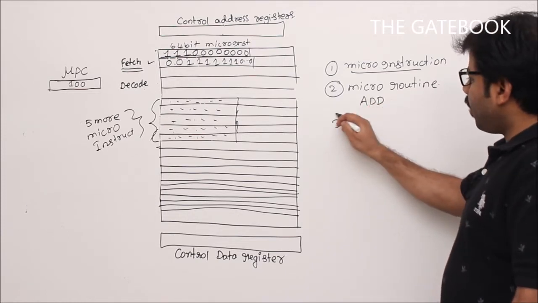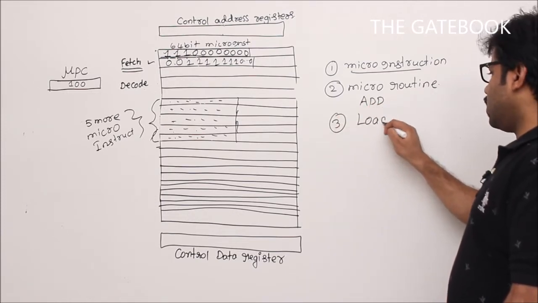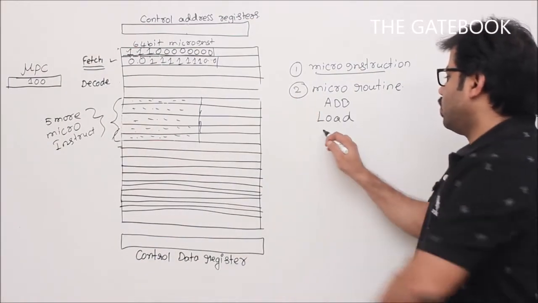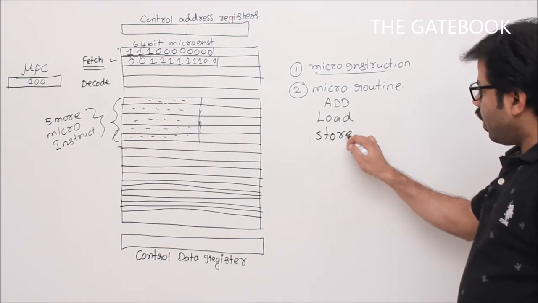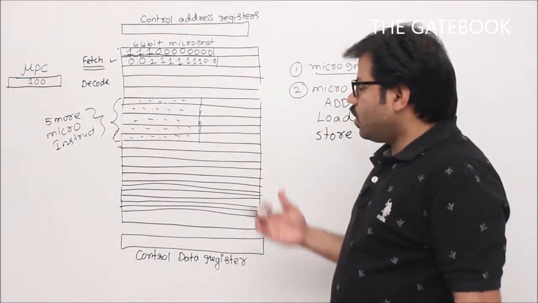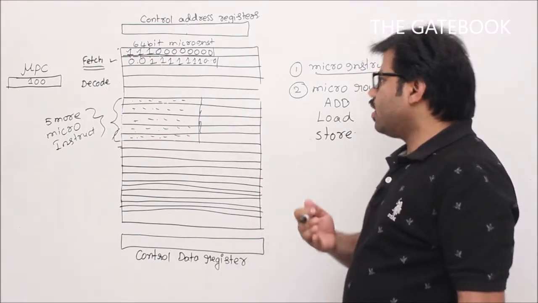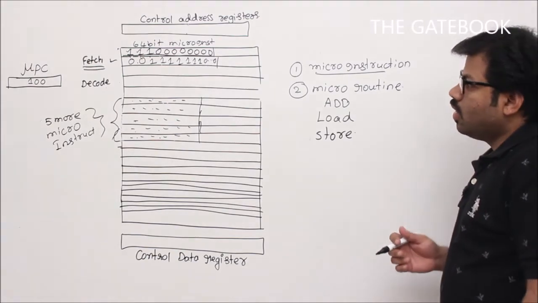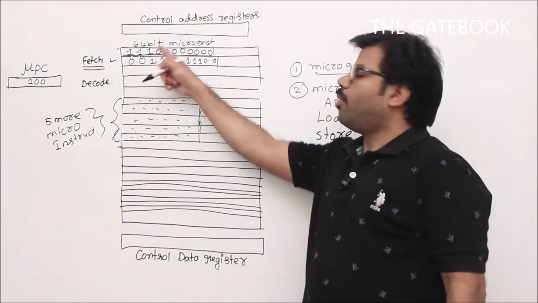Similarly, there will be a micro routine for load instruction. Similarly, store instruction, correct? So finally what I want to say is, every instruction, to execute it we need one micro program, correct? Now the important thing which we have to talk about is, what is the structure of this micro instruction?